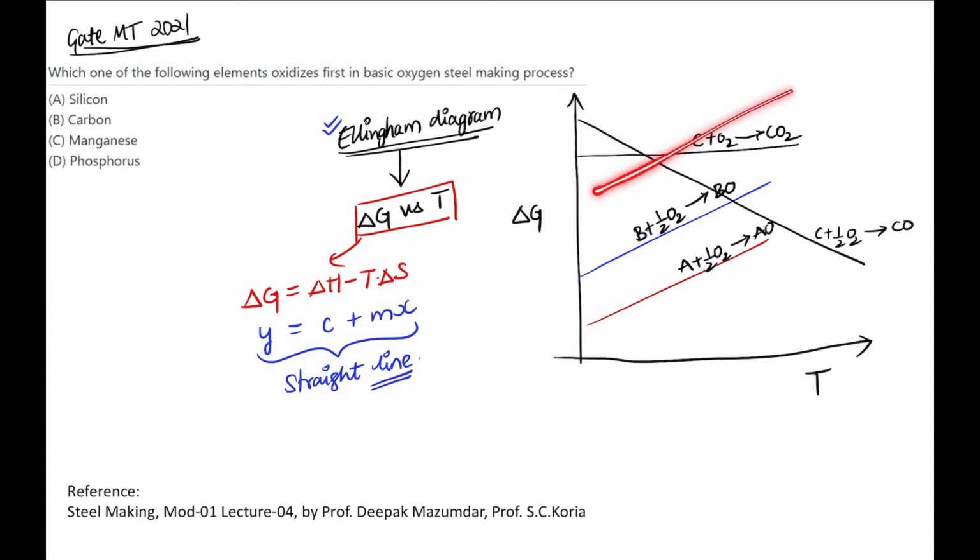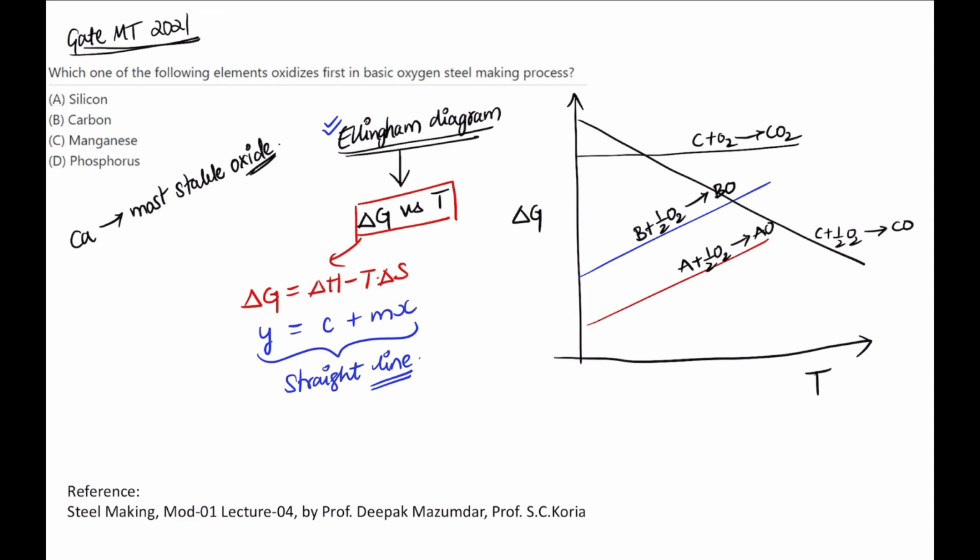Now, coming back to the question, how this concept can be used is to just look at the original Ellingham diagram. You can see that calcium forms the most stable oxide, which means calcium can immediately and easily oxidize.